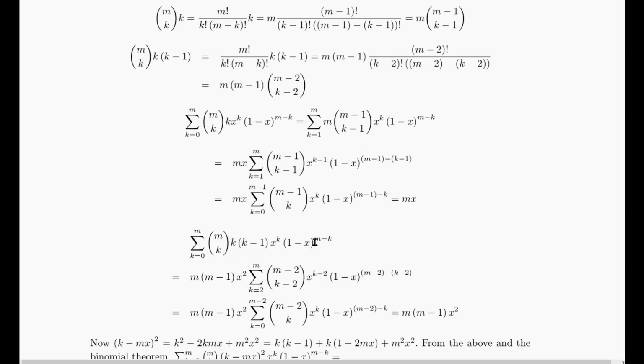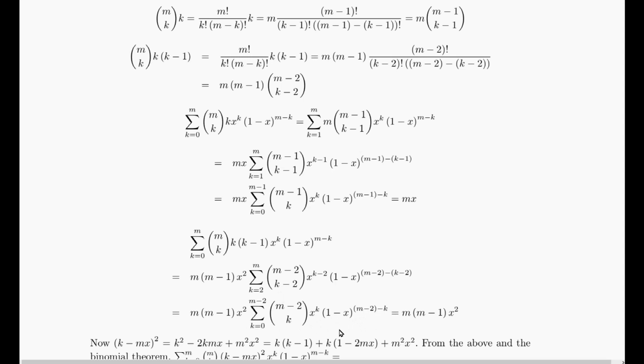And then I'll rewrite the m minus k as m minus 2 minus the quantity k minus 2. And now I'll change the variable of summation. So k will go from 0 to m minus 2. And everywhere I see k, I'll put a k plus 2. And then I get this. And by the same reasoning, this is x plus 1 minus x, all raised to the m minus 2.